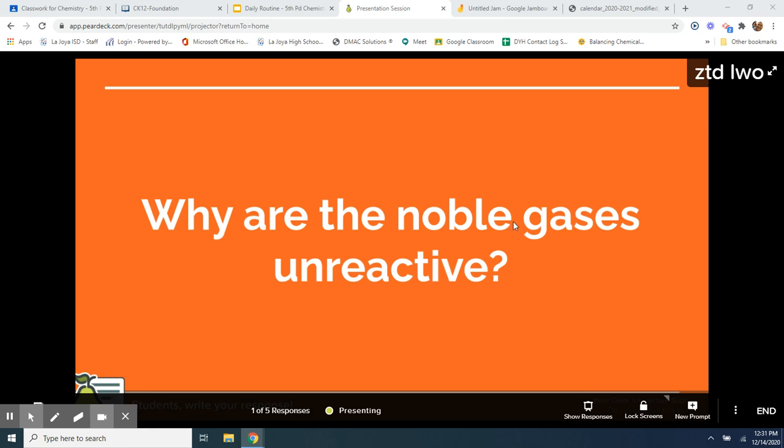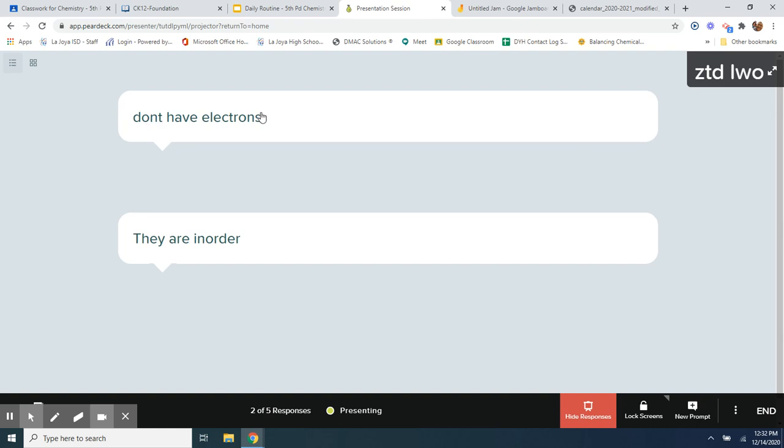So why are noble gases unreactive? What do they have that all the other elements on the periodic table don't have? There is something special. What is so special about noble gases? What did they say? They don't have electrons.